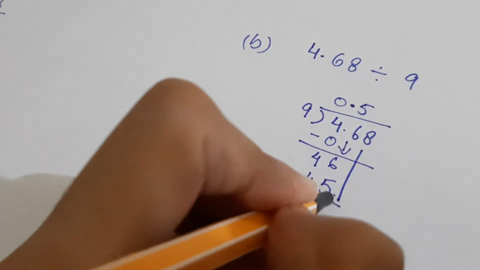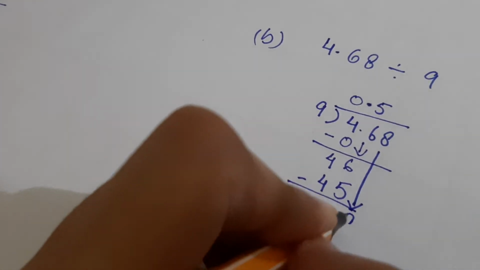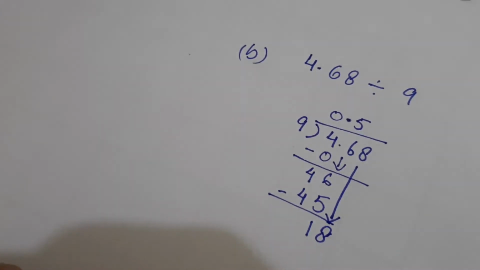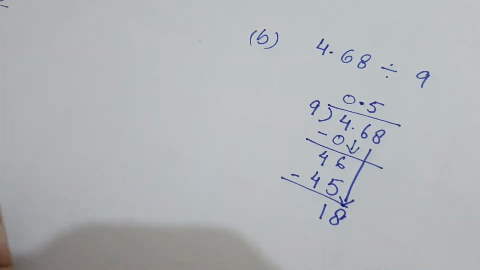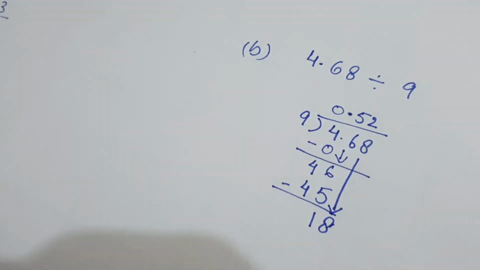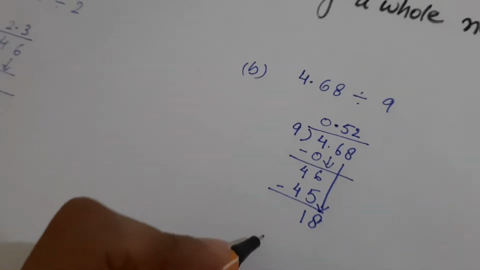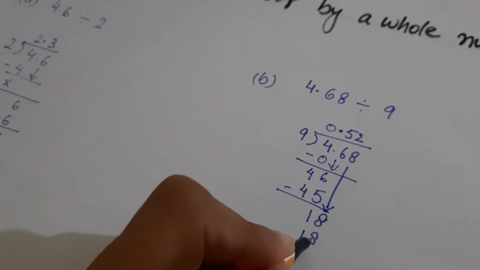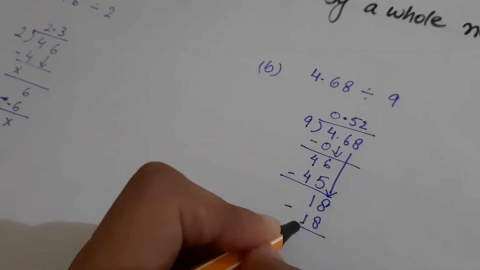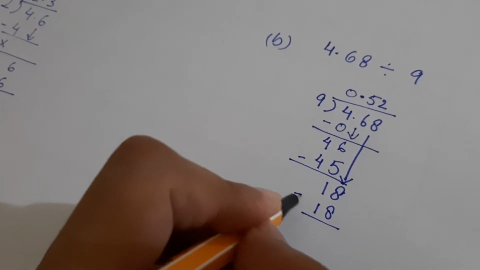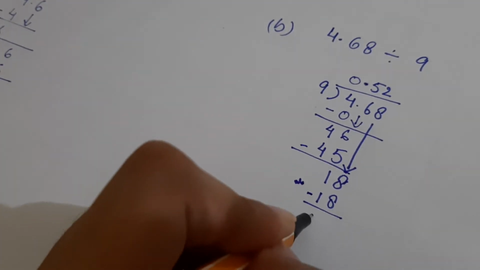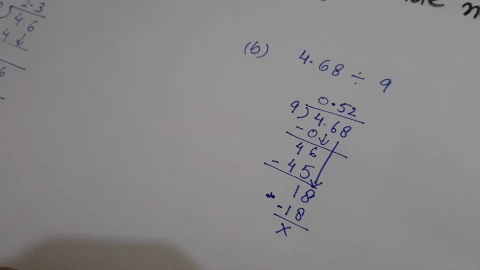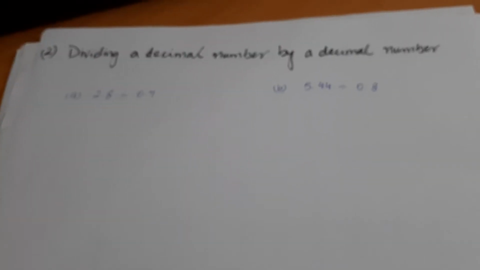Now let's bring down this 8. Now this becomes 18. So 9 times 2 is 18. 18 minus 18, either put a cross or a 0. So that's how you do it.